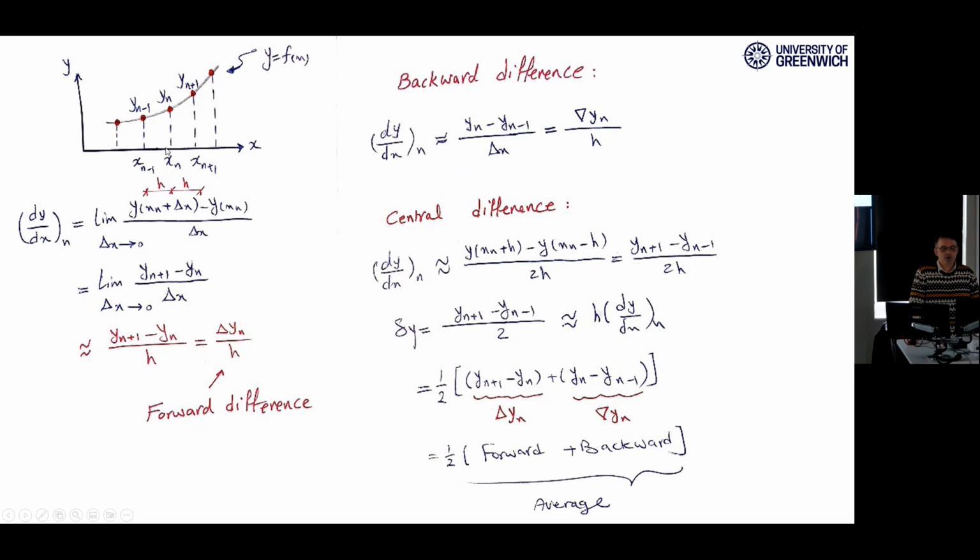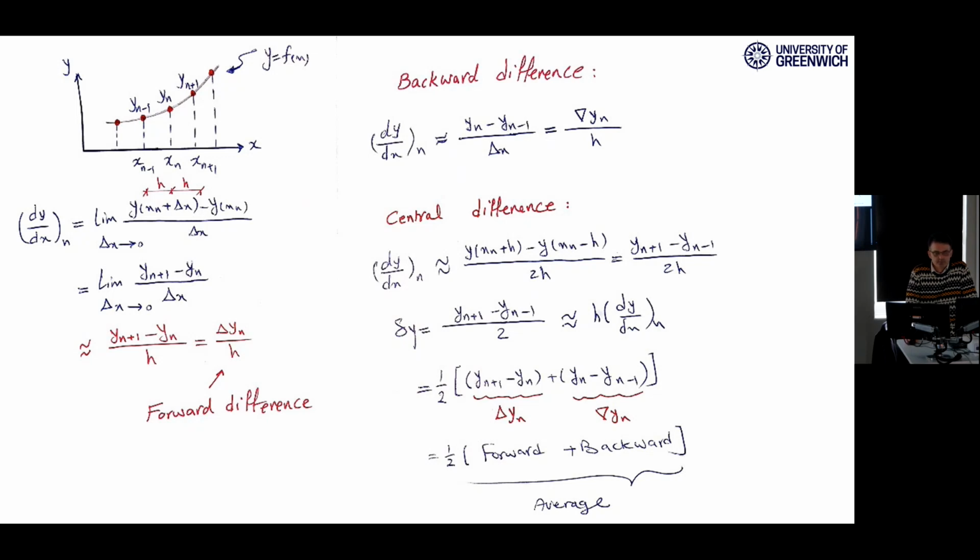Means I'm averaging over this range, not over only this one or only this one, over this whole 2h range. This is a better estimation for a numerical case. So it is the function at the next point minus the function at the previous point divided by 2h. This is called the central difference.